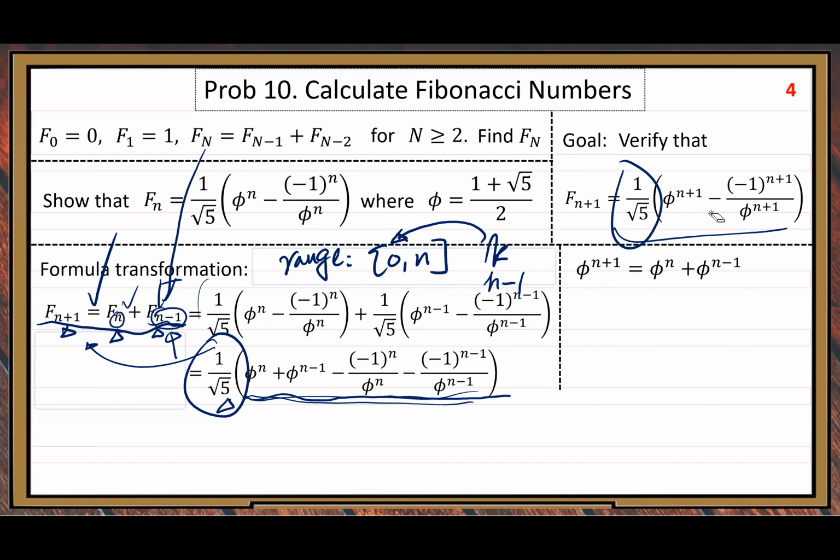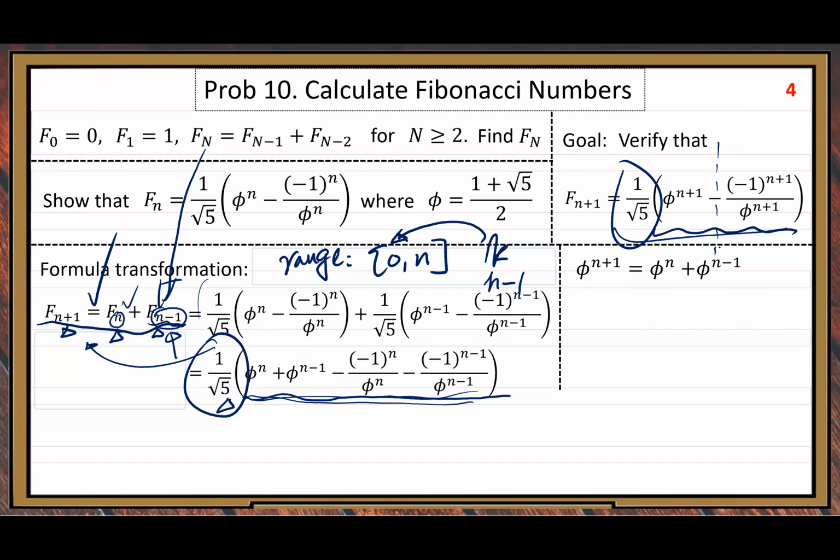If you look at the structures of these two formulas, you can see they share some common properties. When you look at this formula, there are 2 terms, and we split into 2 parts.